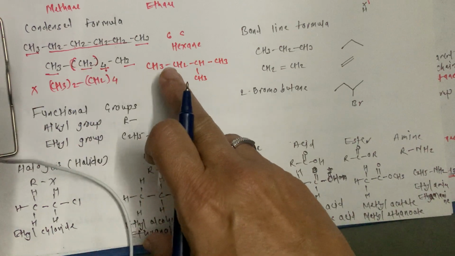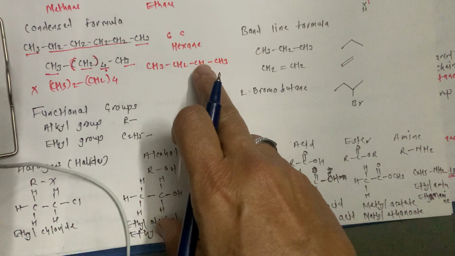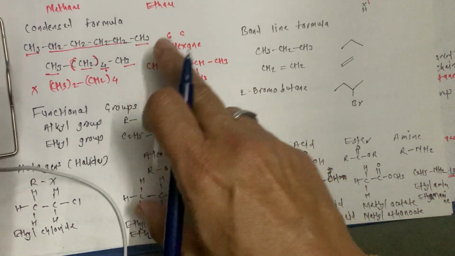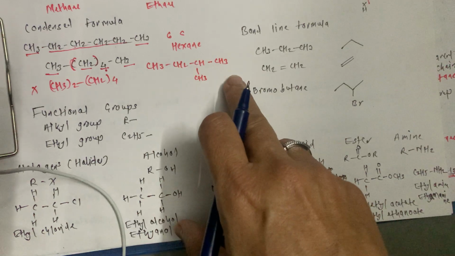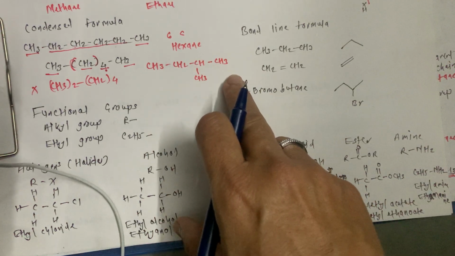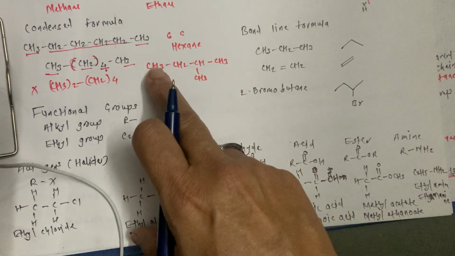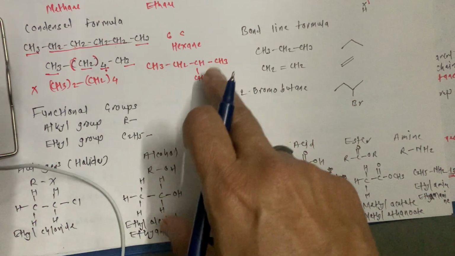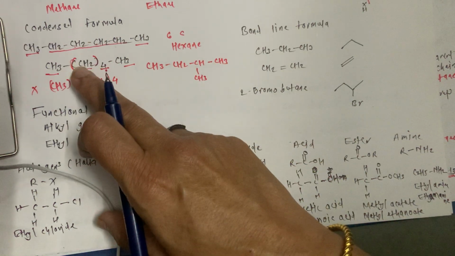No, you cannot reduce it like this, because here it is CH2, here it is CH, and these ending CH3 should be there as it is. So we cannot reduce it. We cannot reduce this structure in a condensed formula. You should mention CH3, CH2, CH, CH3, CH3 like this. We cannot reduce it in this way.